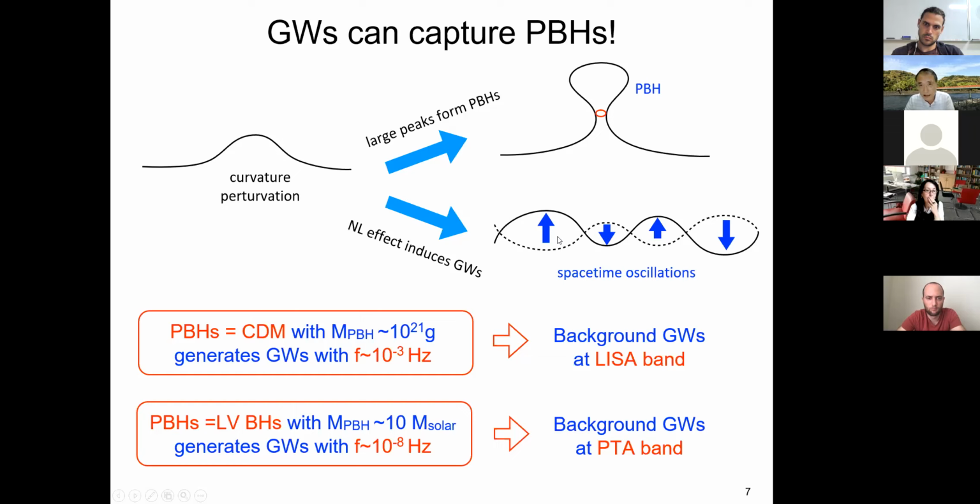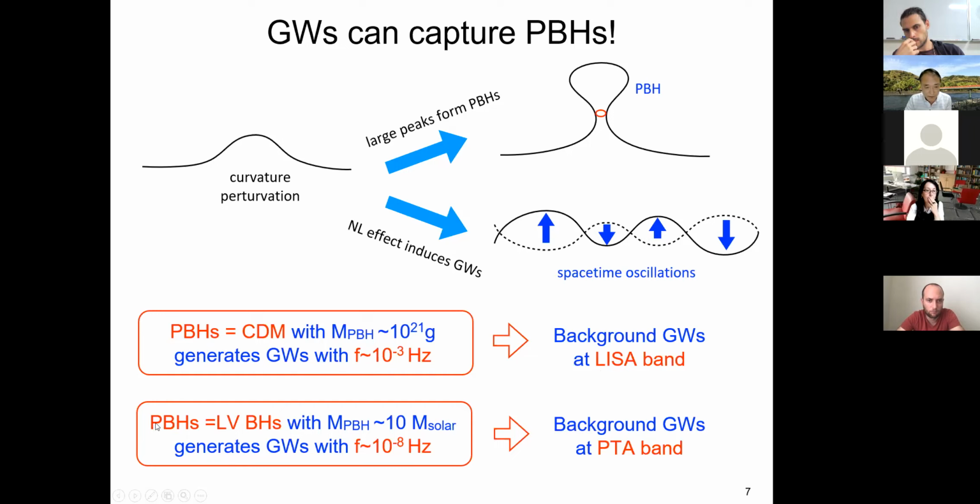This is the secondary gravitational waves, and if the cold dark matter is primordial black holes with mass of about 10 to 20 grams, then those space-time oscillations would produce gravitational waves with a frequency of 10 to the minus 3 hertz, which is just exactly in the LISA band.